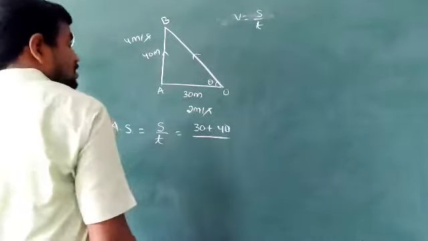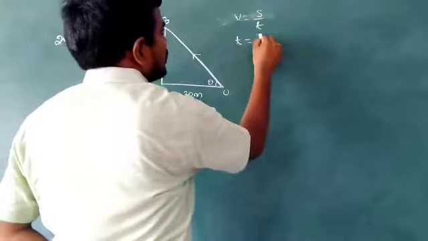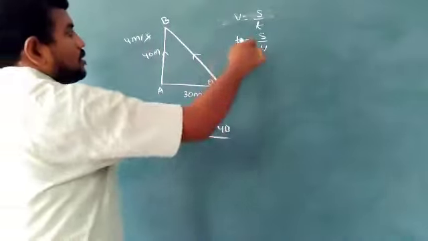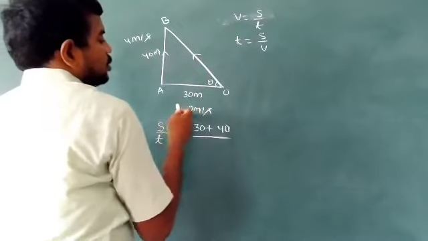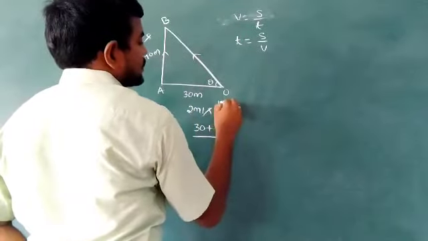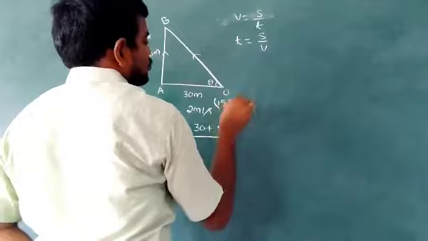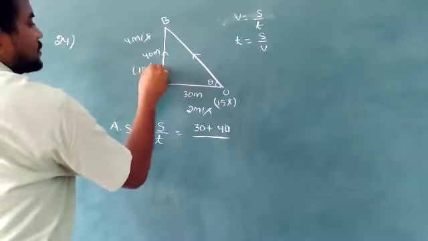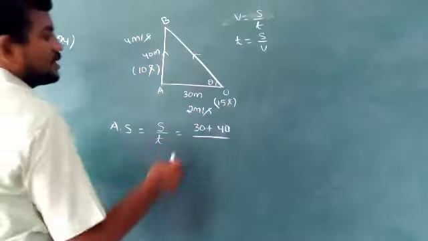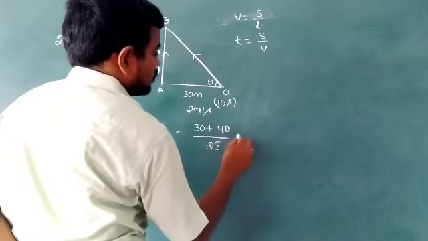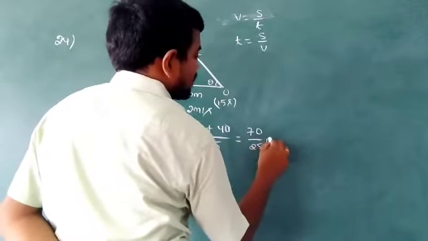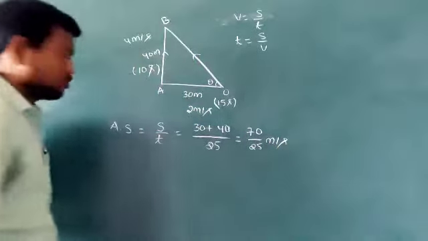So from this, time is equal to distance by speed. So here the time is 30 by 2, that is 15 seconds. And here, 40 by 4, that means 10 seconds. So the total time will be 10 plus 15, 25. That means 70 by 25 meters per second will be the average speed.